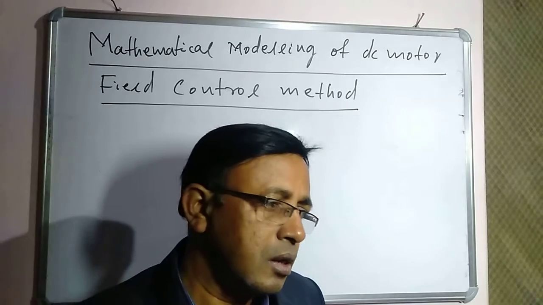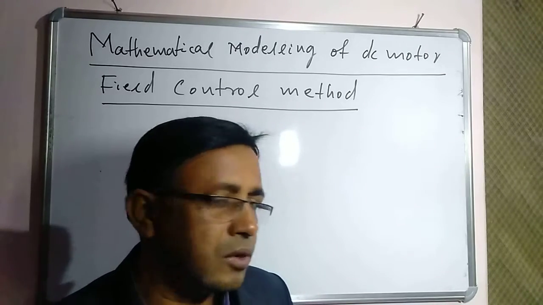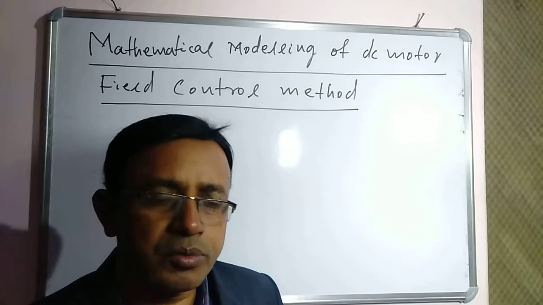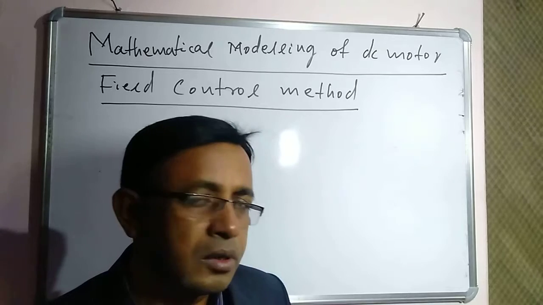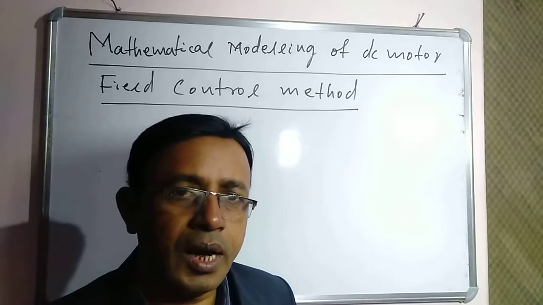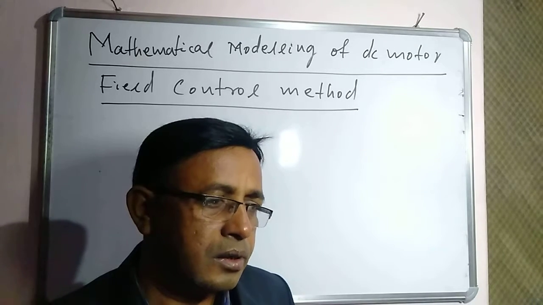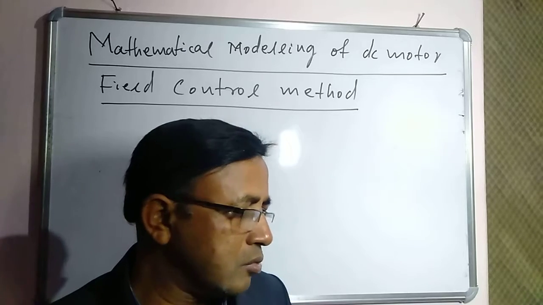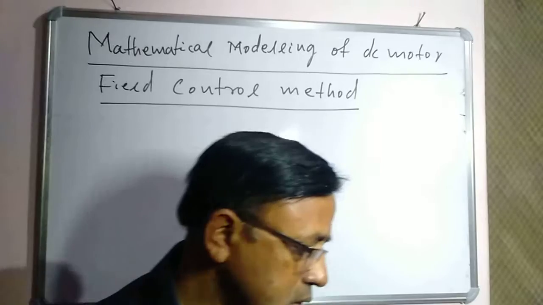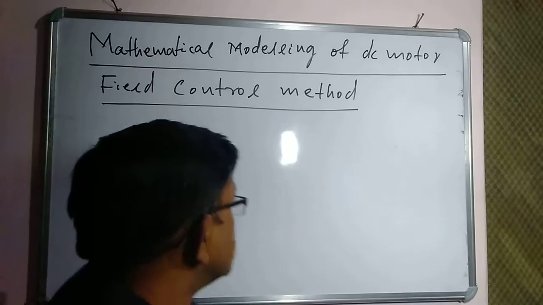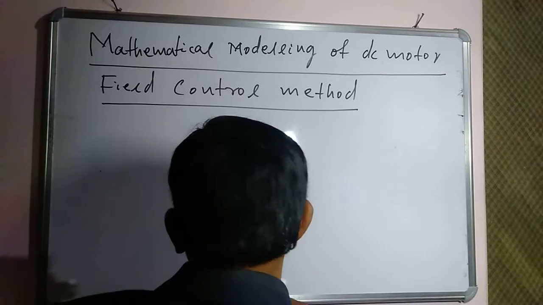So how to control the speed of the DC servo motor by field control method? If we consider the field control method, then we have to keep the armature current constant, whereas the field current will be varied. So let us first draw the circuit diagram for field control method.